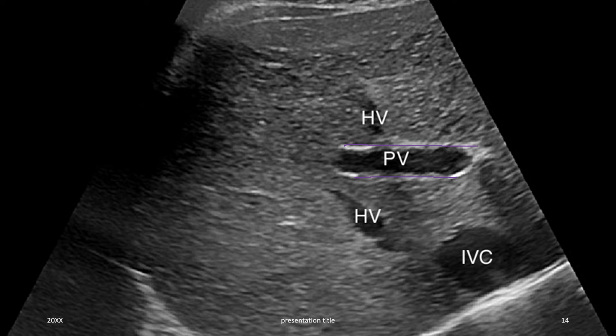Whereas our IVC is not covered by Glisson's capsule, it just has the normal venous wall layers, and because the tunica intima, media, and adventitia don't have as significant a change in impedance, you're seeing much more subtle reflection coming off of that IVC.